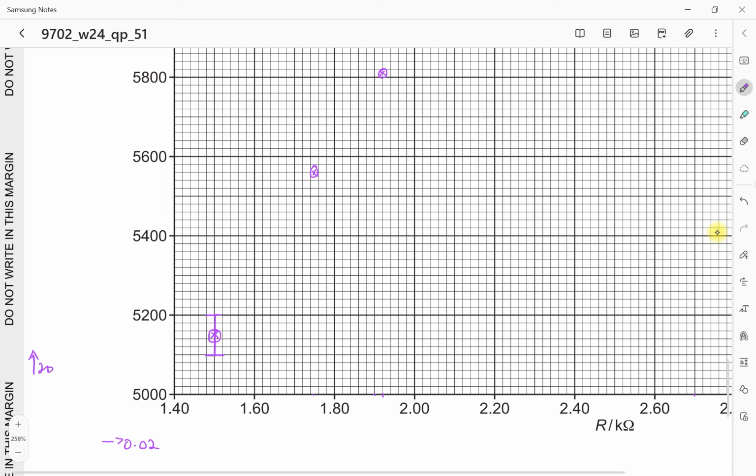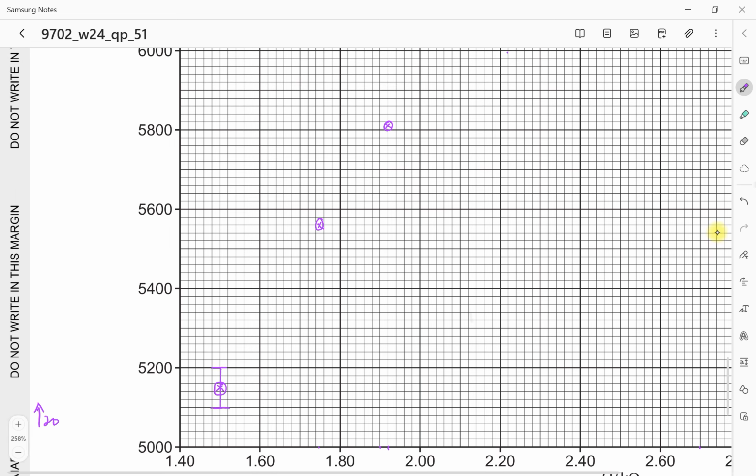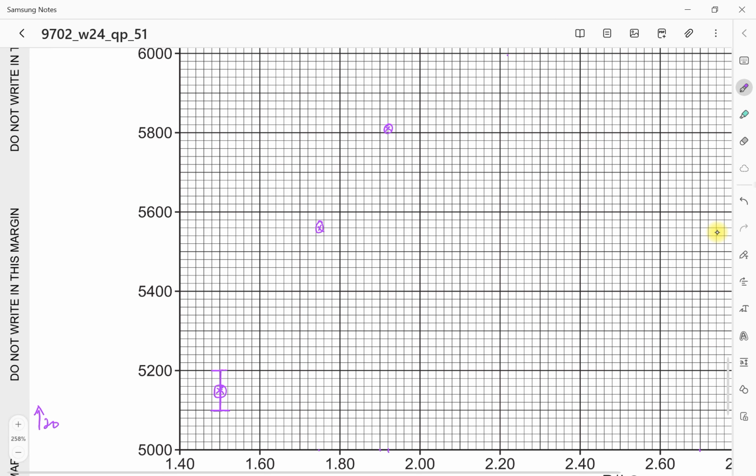The second one is 60. 60 is 3 boxes upwards and 3 boxes below. Please use a ruler to draw very neat error bars. So 1, 2, 3. Then 1, 2, 3. I try to make the length of these 2 small boxes, 2 small squares.